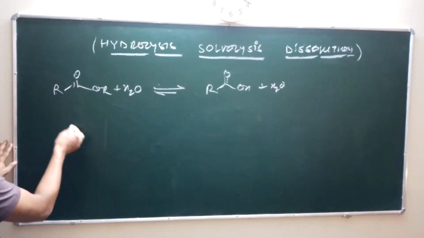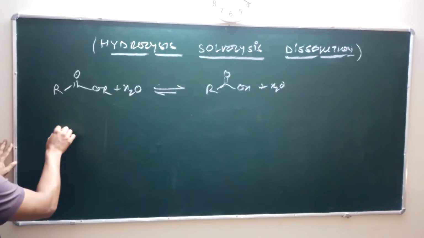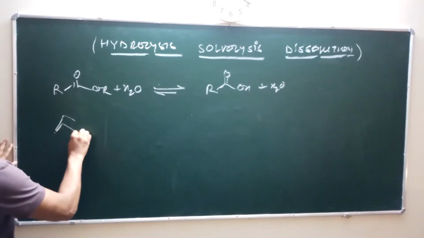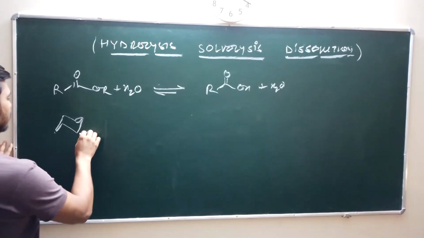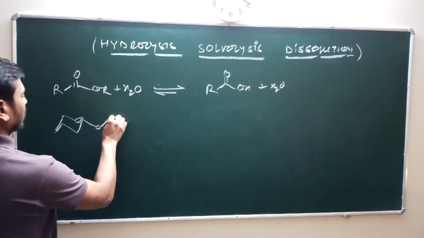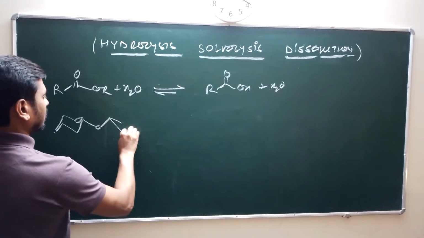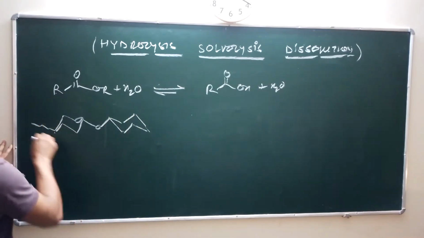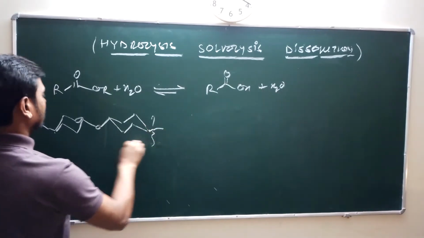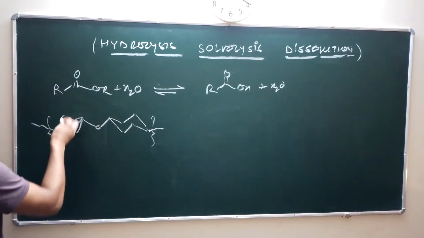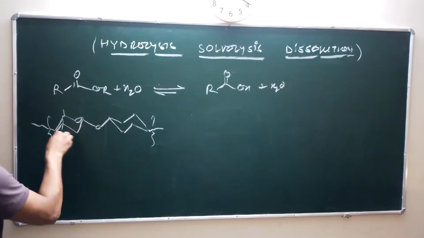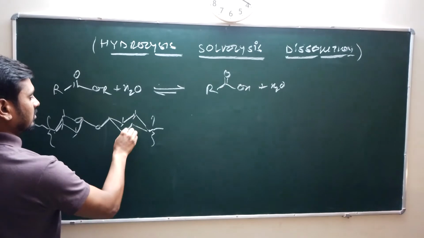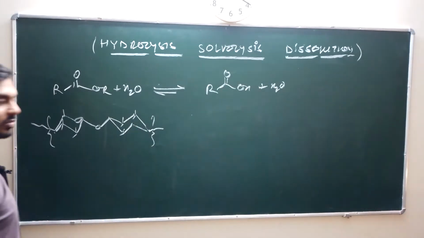Second, we also often see a reaction of this kind. Let me draw the structure. I'm making a representational structure, not the exact one. You might have heard of it before.